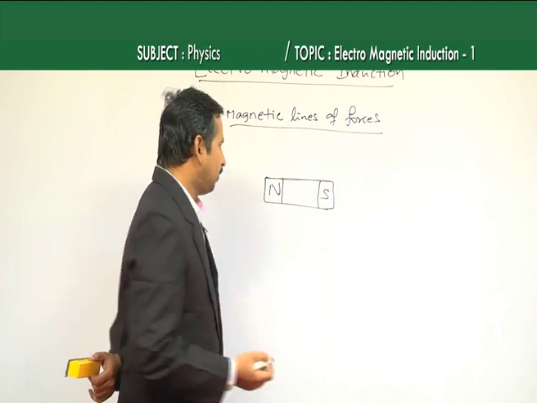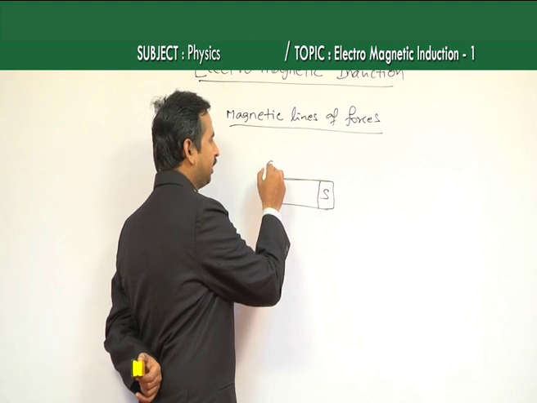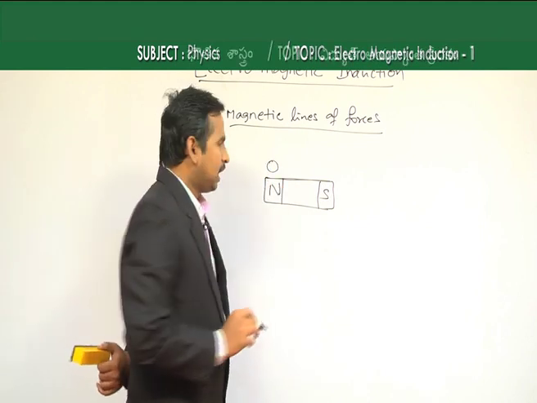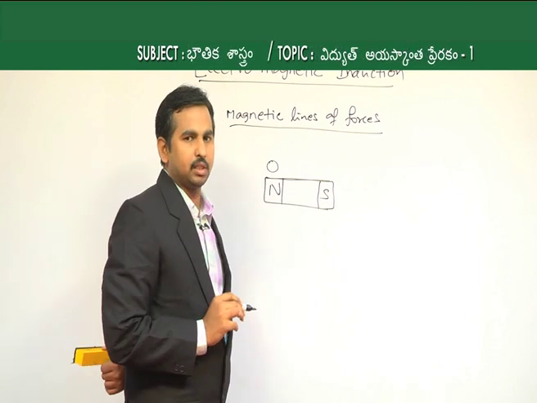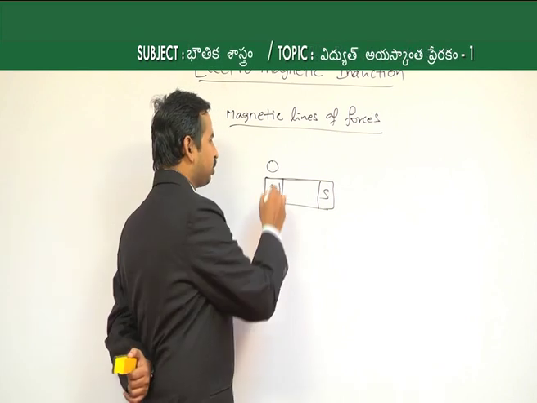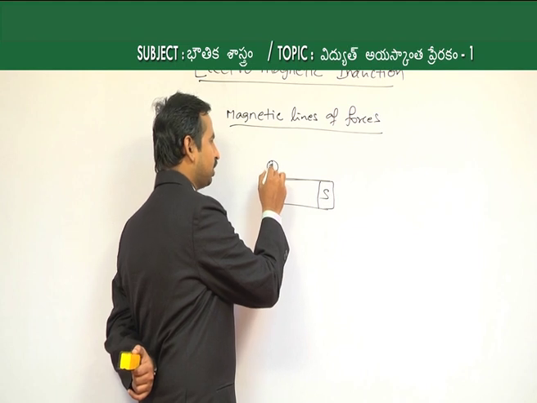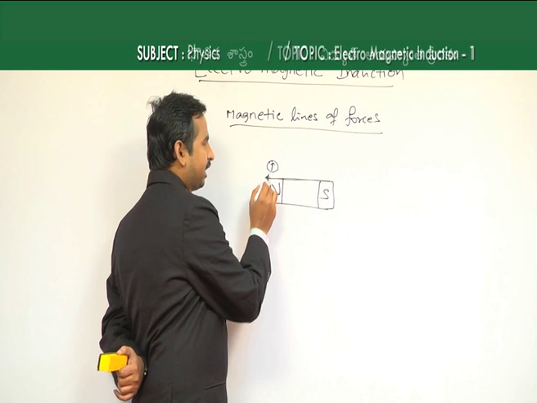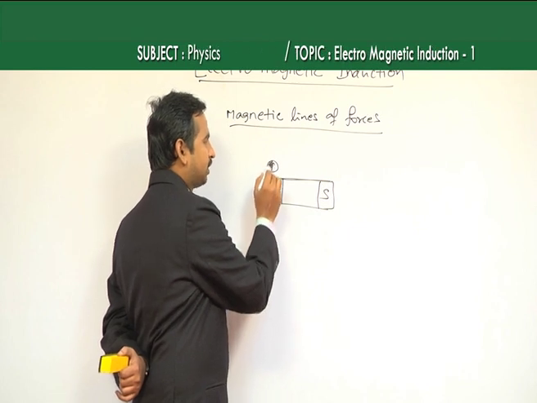When you place a magnetic compass near the north pole, the needle shows the direction, due to repulsion, upwards, which means the magnetic line of force direction at this position is upwards.